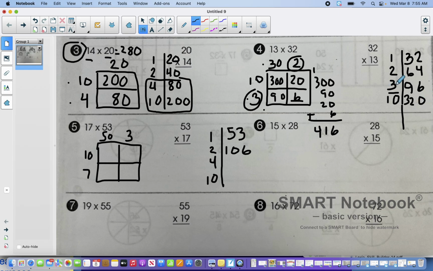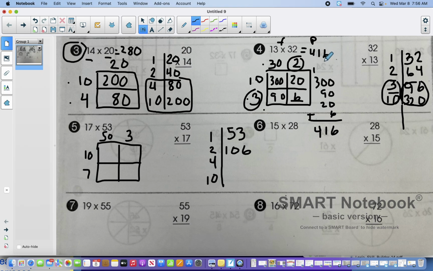Then all you would do, because 10 and 3 is 13, you add these together, and you're going to get the same thing, 416. So again, the factors are the numbers you multiply. These are factors. And the thing that you produce or make is called the product. And the answer here is, the product is 416.